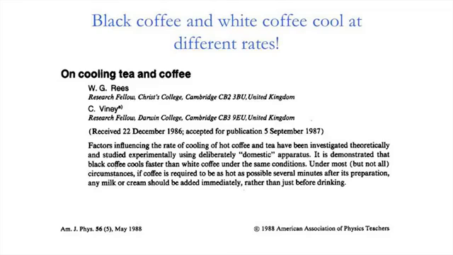It is demonstrated that black coffee cools faster than white coffee under the same conditions. Under most, but not all circumstances, if coffee is to be as hot as possible several minutes after its preparation, any milk or cream should be added immediately rather than just before drinking. Add your milk or cream immediately.